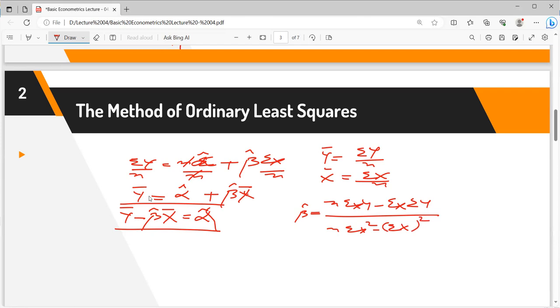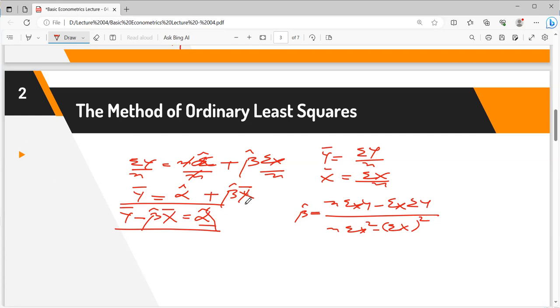If you are given the data of x and y, then you have to derive the values of alpha estimated and beta estimated. These are the concept of the estimators that we can find by applying the OLS method. So this is all about the ordinary least square method, and alpha and beta are the true estimators.